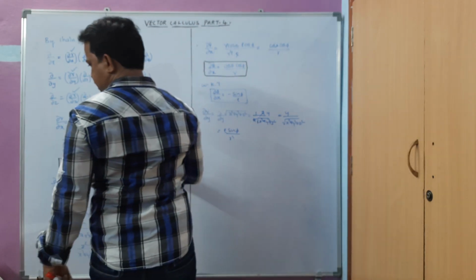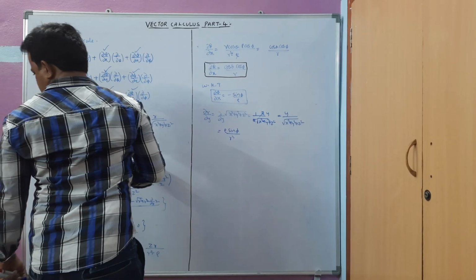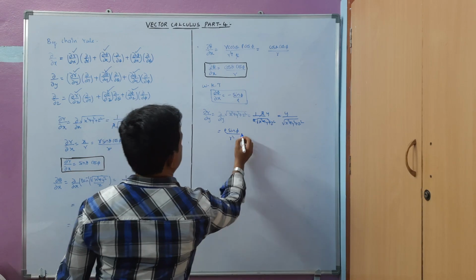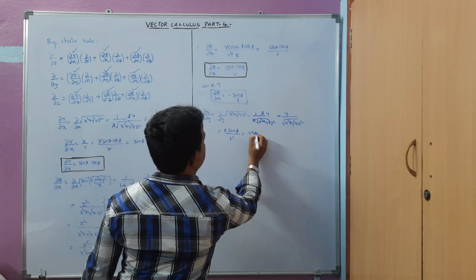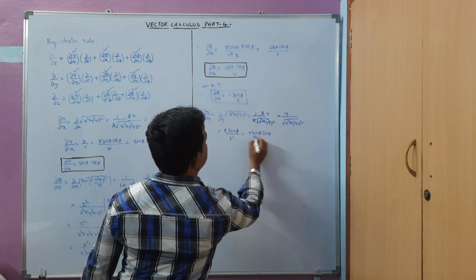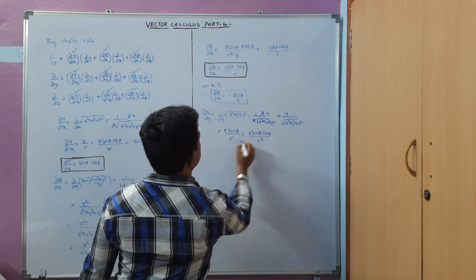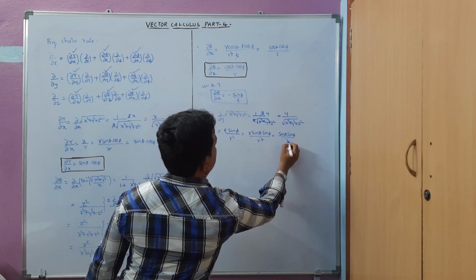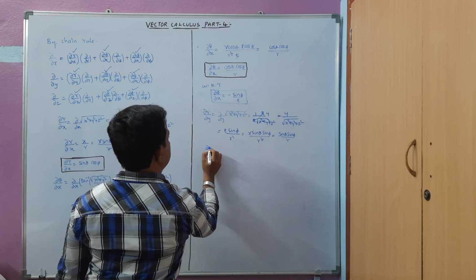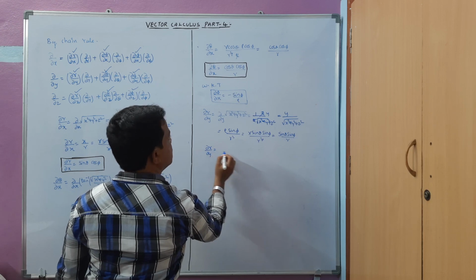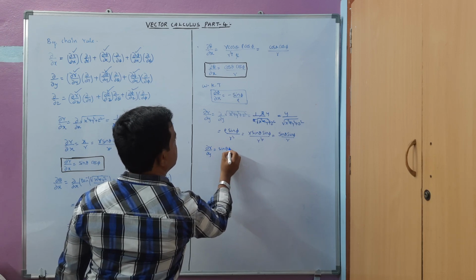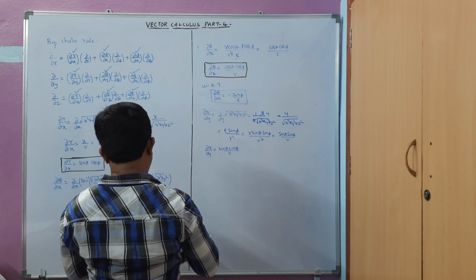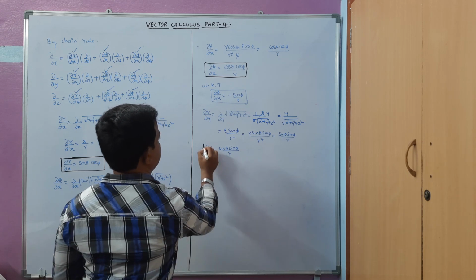I get here rho is equal to r sin theta sin phi by r square, that will be equivalent to sin theta sin phi by r. So this is equivalent to dou r by dou y will be equivalent to sin theta sin phi by r. So this is one equation we have got.